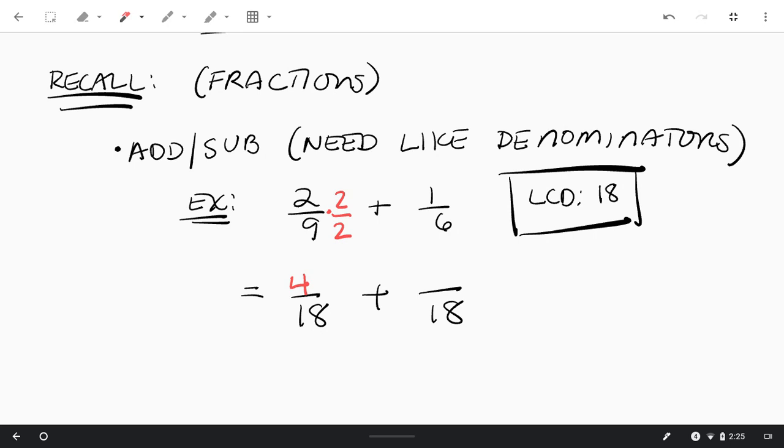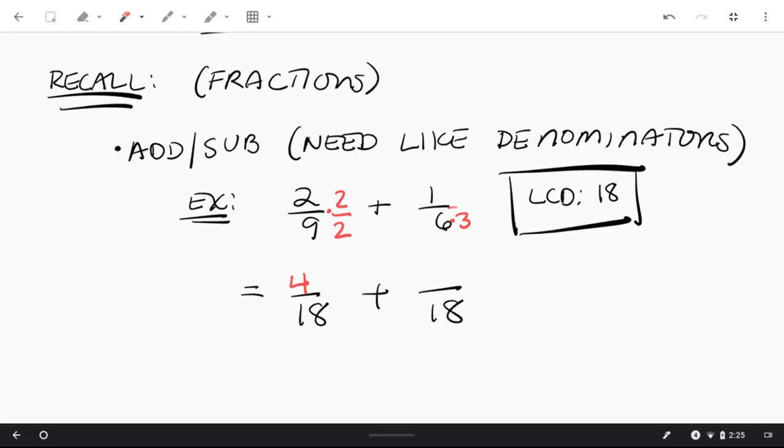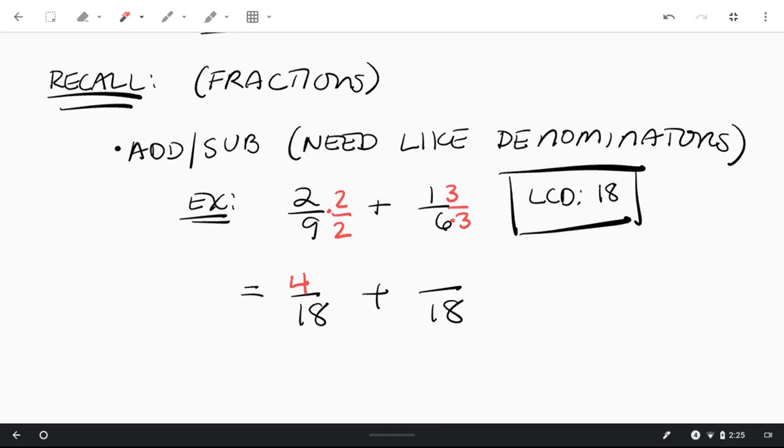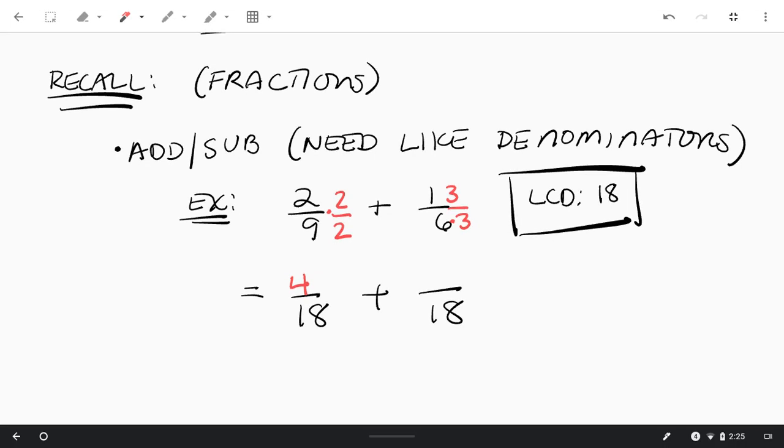And then same thing with the 1 over 6. In order for that 6 to turn into 18, we need to multiply it by 3. But again, you can't just multiply by 3 because then you change the value. So you're going to multiply 1 over 6 by 3 over 3. That way you get the 18 on the bottom and you get 3 on top.